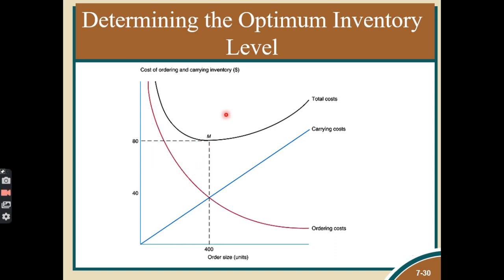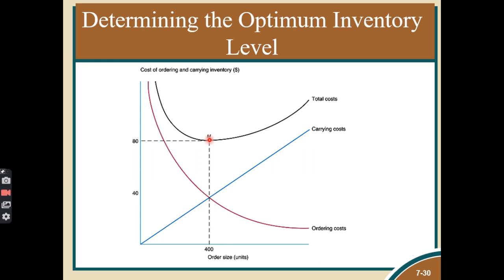The optimum inventory level is the place where there is the lowest total cost associated with the carrying cost and ordering cost. So if this is the plot of your total cost, then this is your optimum order level, or the EOQ.